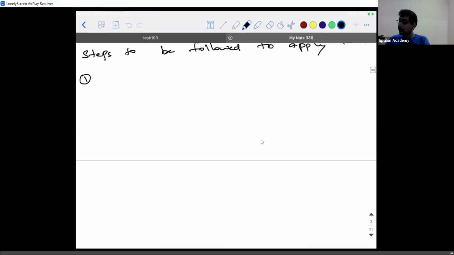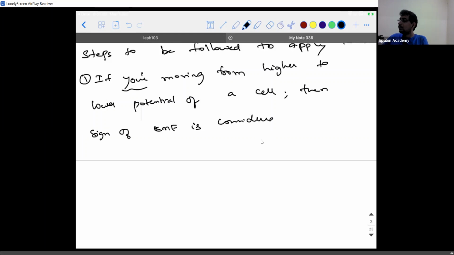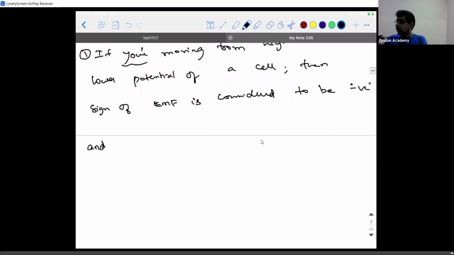First, if you are moving from higher to lower potential of a cell, then the sign of EMF is considered to be negative. And vice versa is positive. Clear?